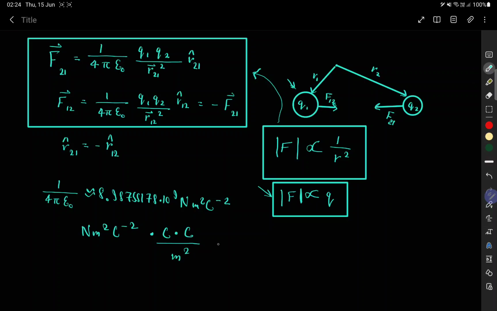So we have meter squared again, and we have the R hat now, so we get meter again. So the meter squared and meter squared should cancel out, and the coulombs also should cancel out, finally leaving you with Newton.